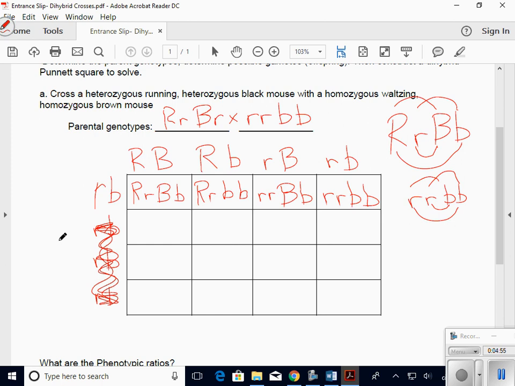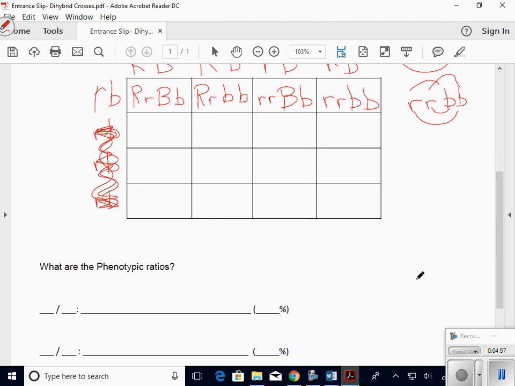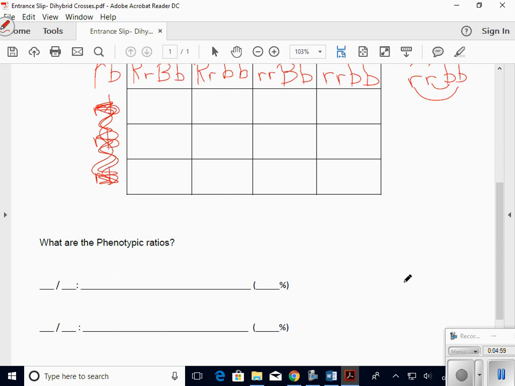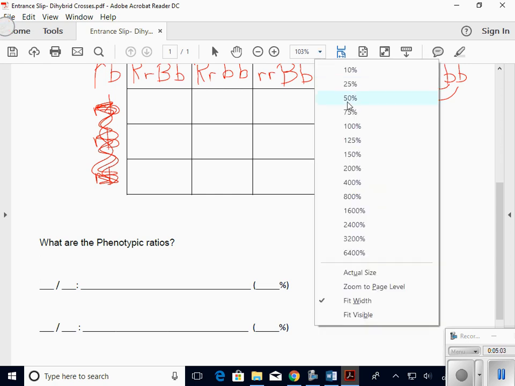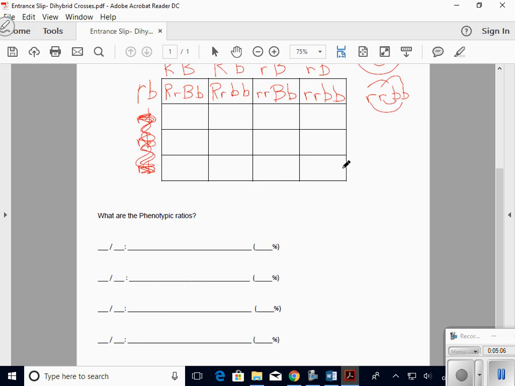All I need to do now is the final part down at the bottom, which is to determine the phenotypic ratios. I'm going to shrink this down just a teensy bit so that I can still see those up there. Hopefully you can still see this on the video.